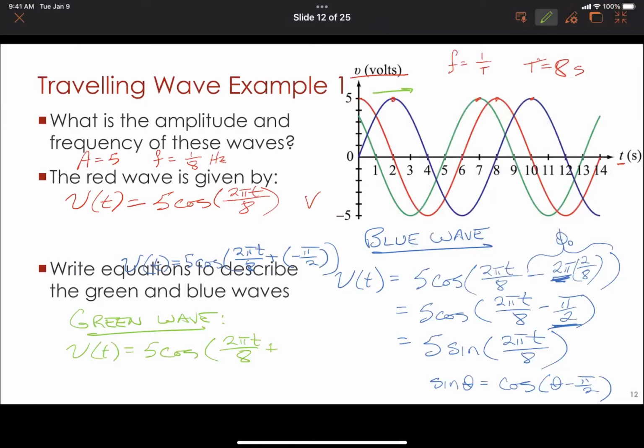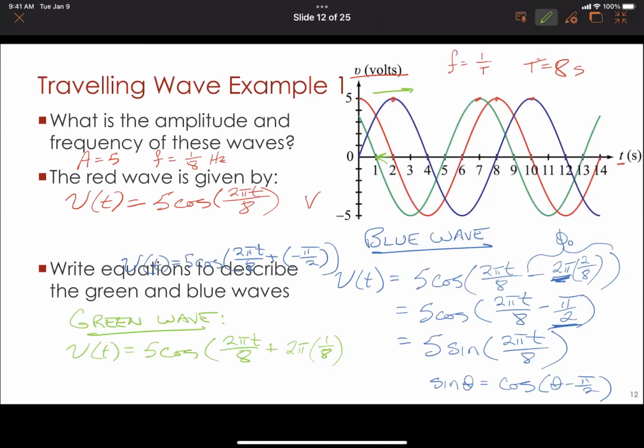So if we did the same thing we did before, 2 pi is the whole amount, but we're not the whole 2 pi, because that would be a full 8 seconds. We're only 1/8, because we're shifted to the left by 1 second. So in other words, we're shifted to the left by 1/8 of the period.